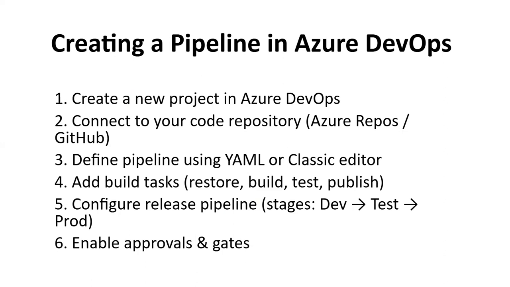Then you pick the repository, whether you want GitHub, Azure Repos, etc. Then you configure the pipeline, choosing YAML or the classic editor. When you use the YAML editor, you define the pipeline steps and then save and run it.